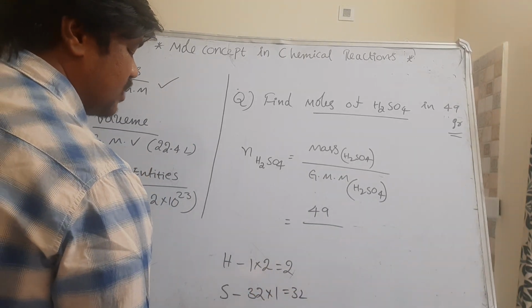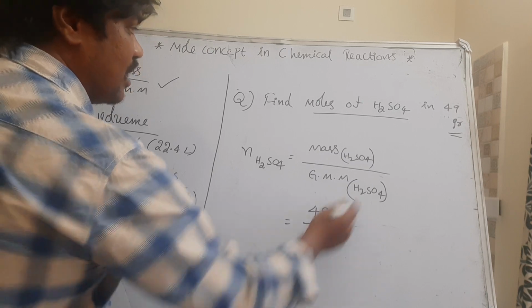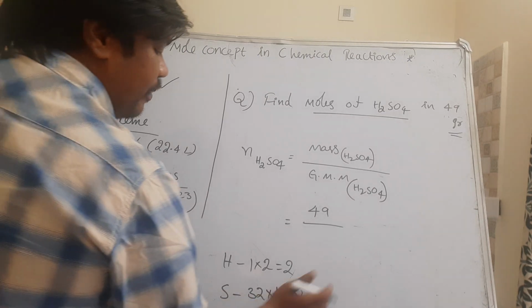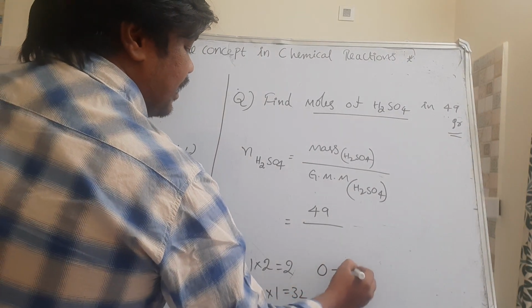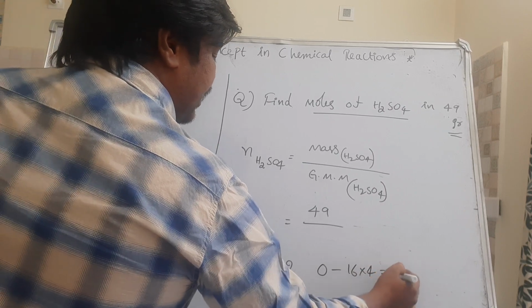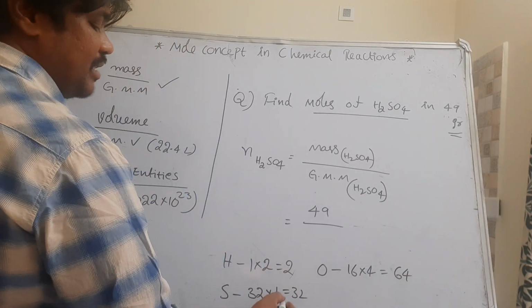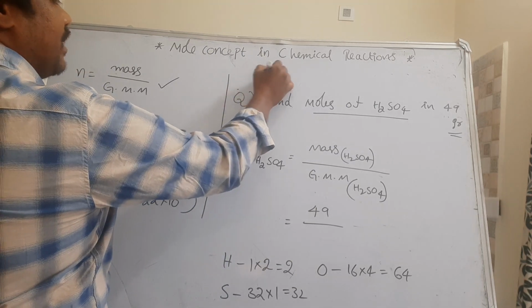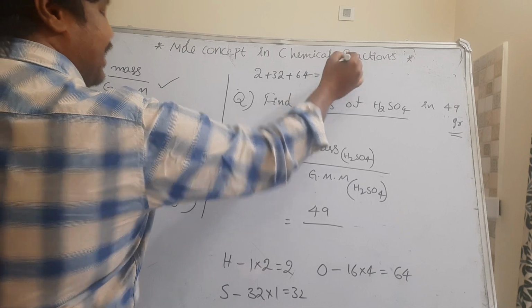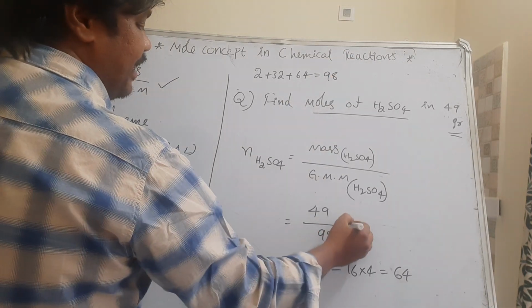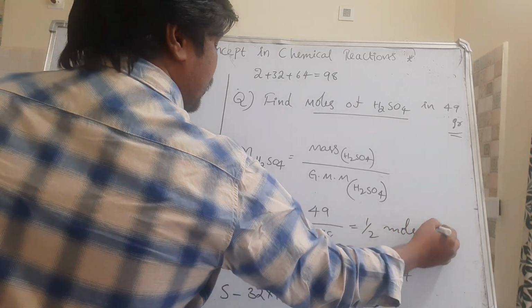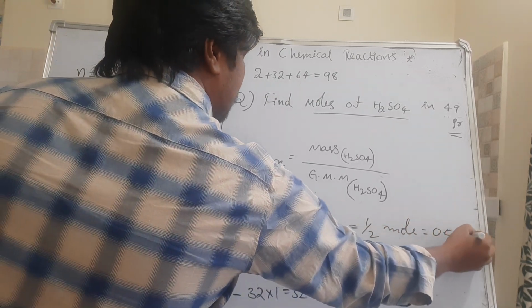Atomic mass of oxygen is 16, whereas in an H2SO4 molecule there are 4 oxygens, so you have to take 64. Then add all these: 2 plus 32 plus 64, finally you will get 98 grams. So divided by 98, you will get half mole, or 0.5 mole, students.